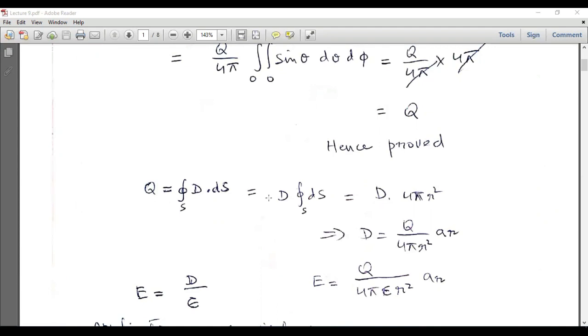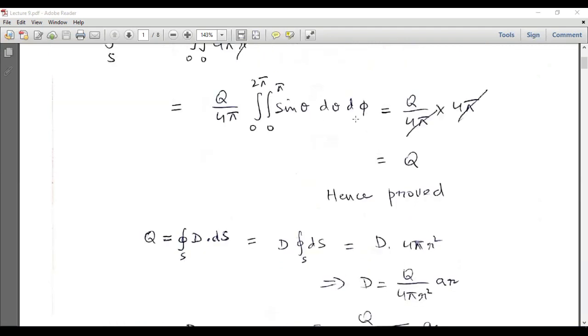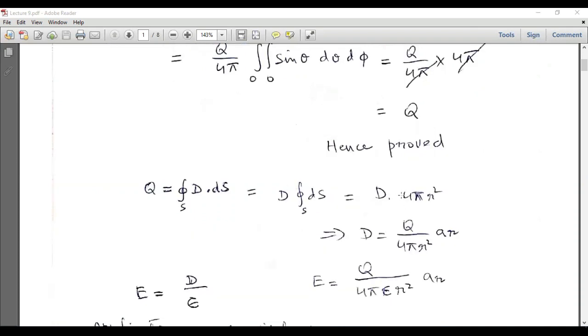So for a spherical surface, this can be written as D multiplied by dS closed surface integration, and this integration is equal to r squared sine theta d theta d phi, and it is equal to 4 pi r squared. So Q is equal to D into 4 pi r squared, so D is equal to Q over 4 pi r squared a_r, and E is equal to D over epsilon, so E is equal to Q over 4 pi epsilon r squared a_r.